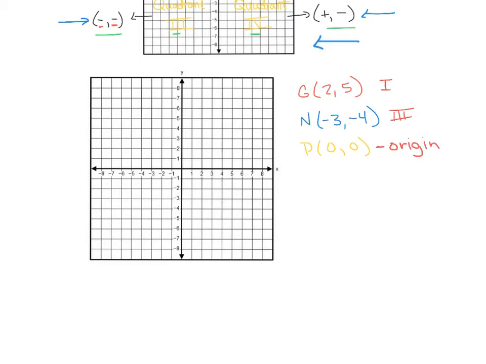So, in order to graph, we have some steps. We always start at the origin, which is 0, 0.